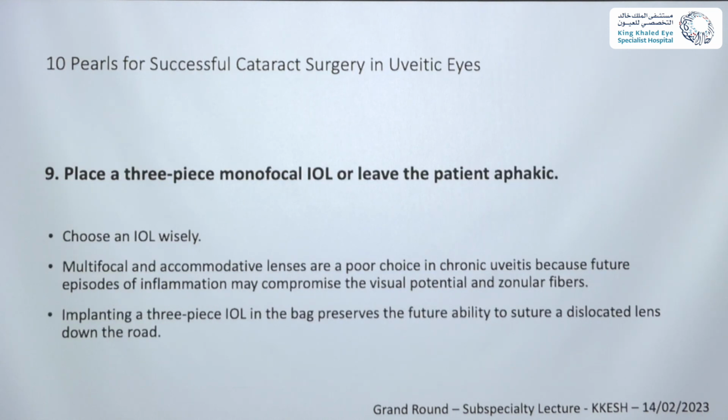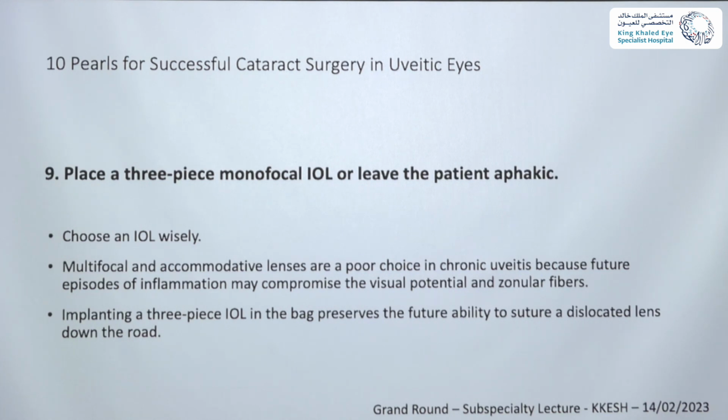Sometimes you have to also counsel the patient prior to the surgery that there's a possibility of aphakia to control the inflammation. Sometimes putting an IOL could be more dangerous and more harmful to the eye rather than leaving the patient aphakic.